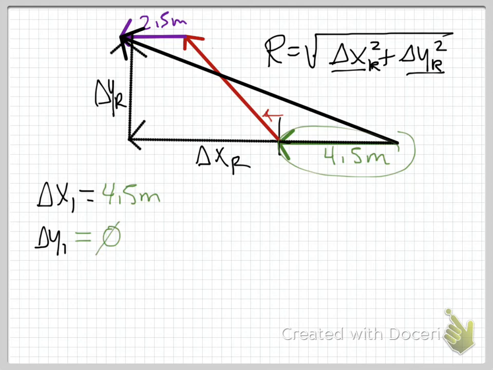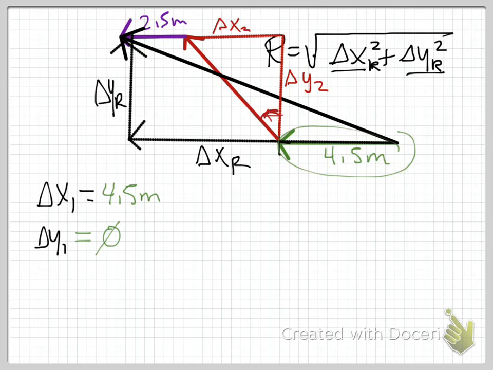Fantastic. Now, the one that has both an x and a y component is the second leg of travel, where we have delta y2 and delta x2.